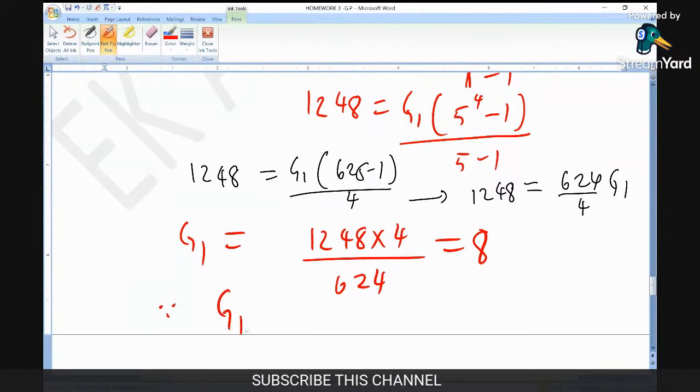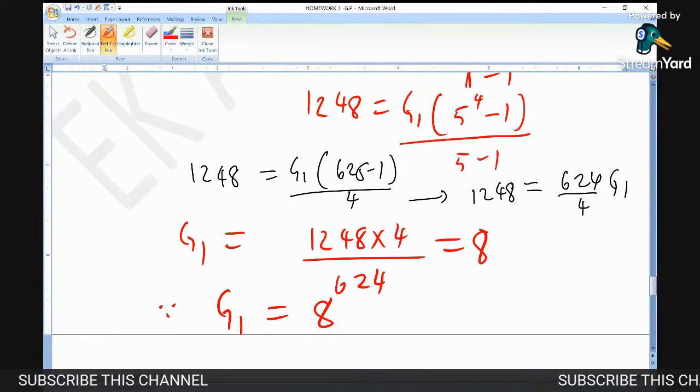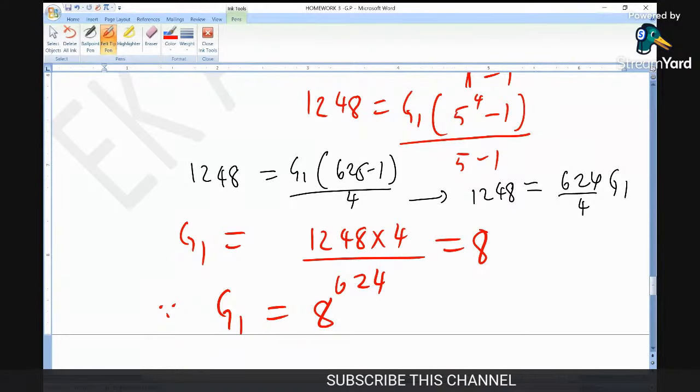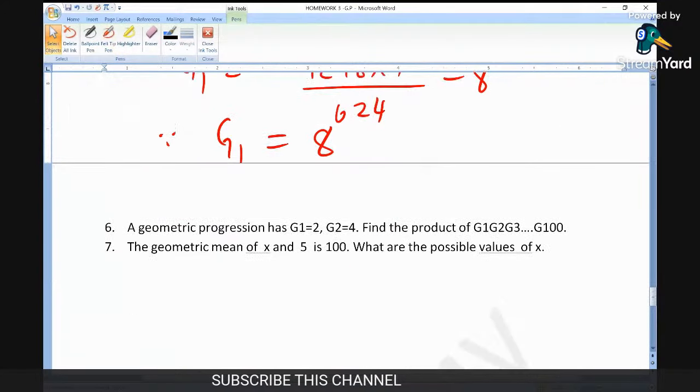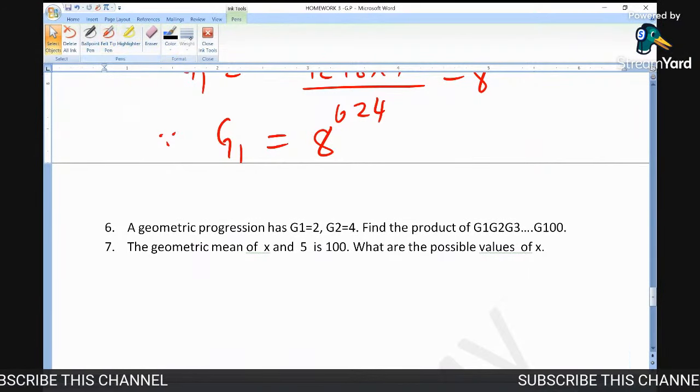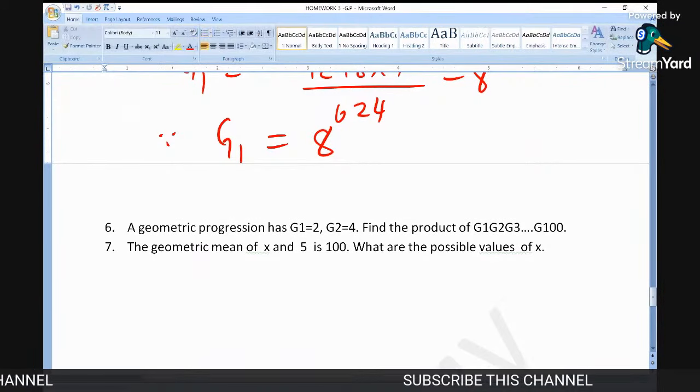Therefore, the first term G1 is 8, dear friends. The next question, we have the last two questions now.